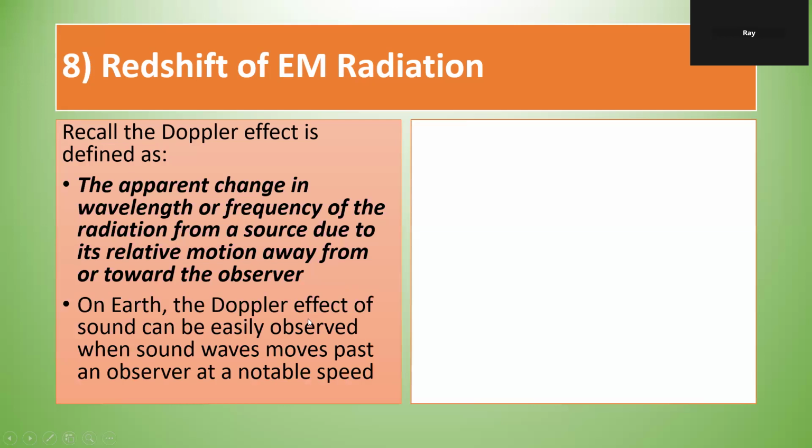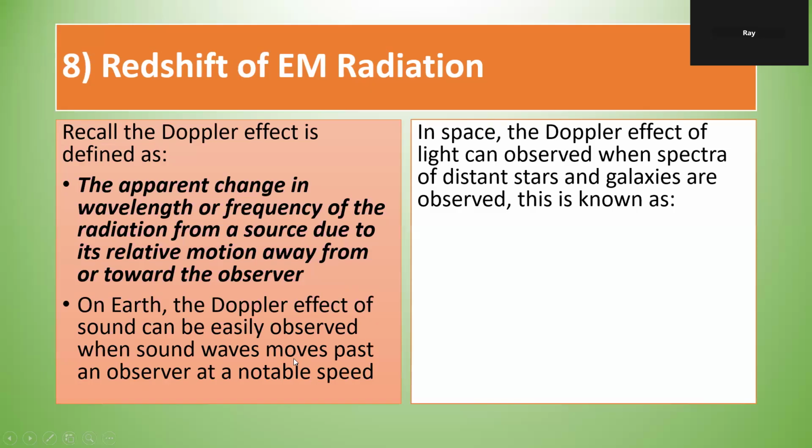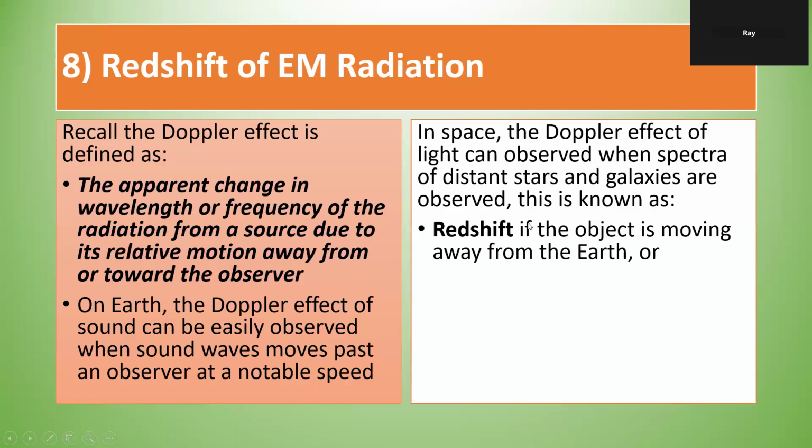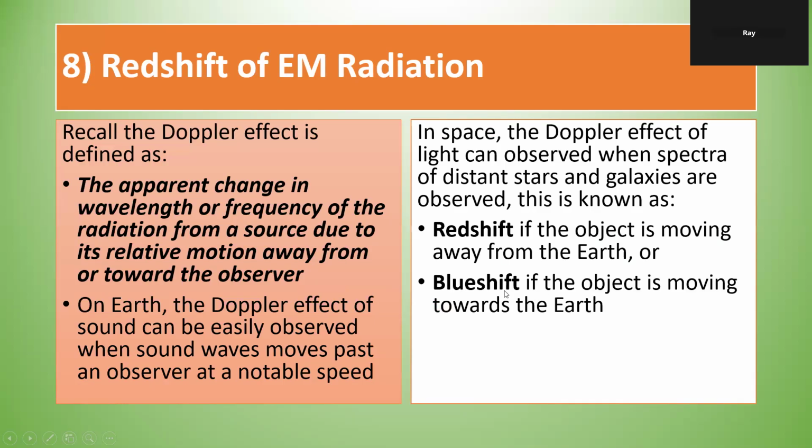On Earth, the Doppler effect of sound can be easily observed when sound waves move past an observer at a known speed. In space, the Doppler effect of light can be observed when spectra of distant stars and galaxies are observed. This is known as redshift if the object is moving away from the Earth, or blueshift if the object is moving towards the Earth.